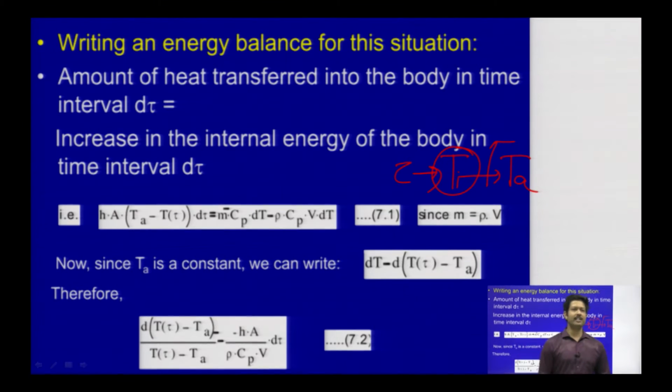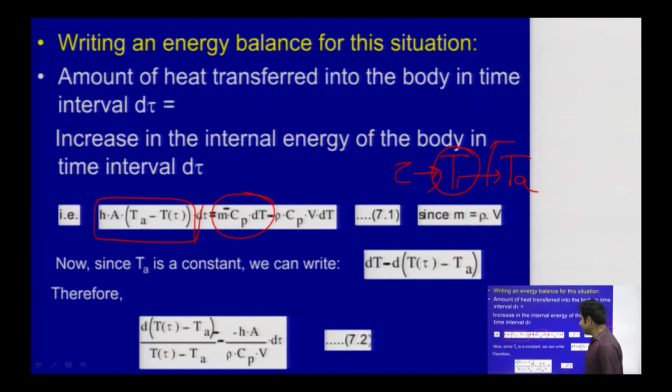So the increase in the internal energy of the body in time interval dt will be hA(Ta minus T(tau)) dt equals mCp dT. This is the change in internal energy, and this is the convection, hA(Ta minus T(tau)).